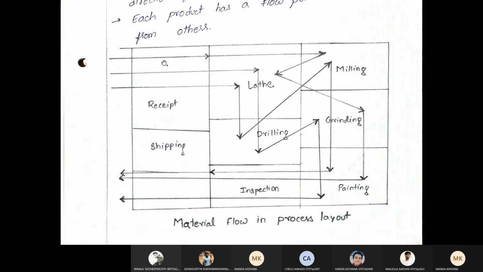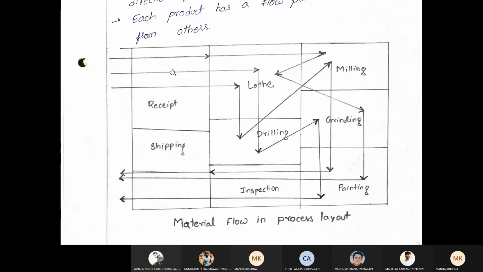The area is allocated for that, and here is shipping. The entry of products will be from here, and here various lathe machines are placed, milling machines are placed, grinding, drilling, painting, inspection. So as we see various arrows, the flow of the product you can see here.